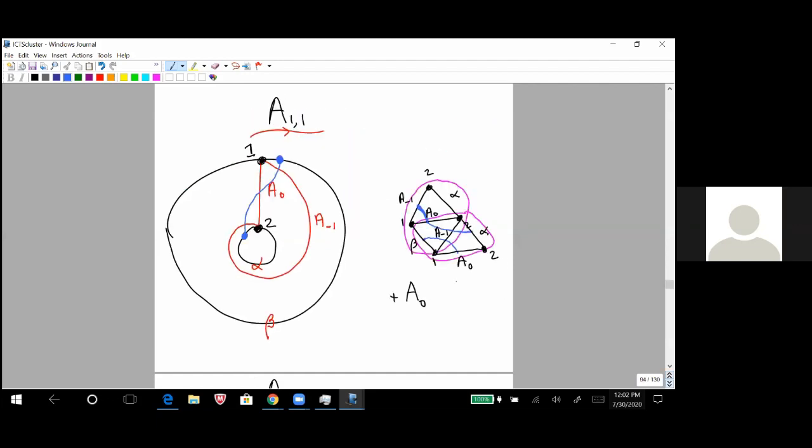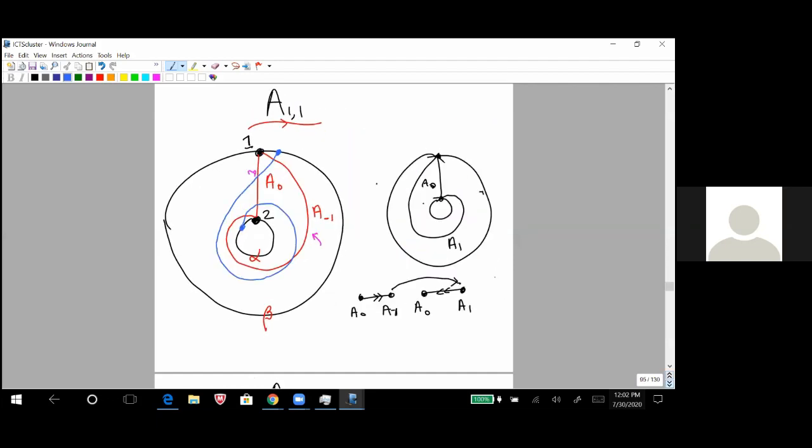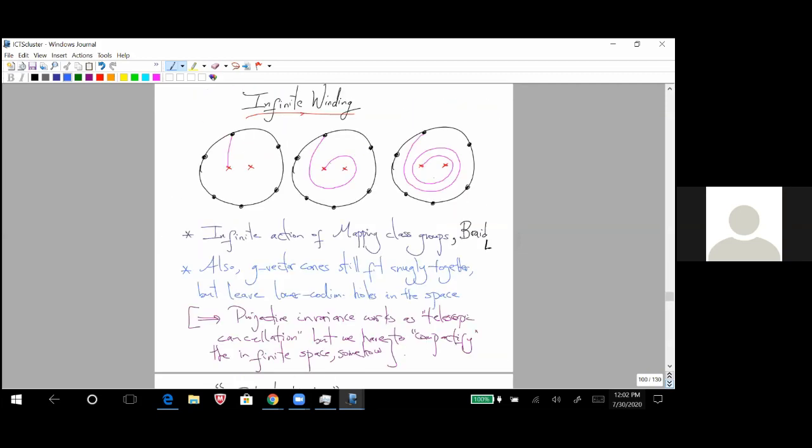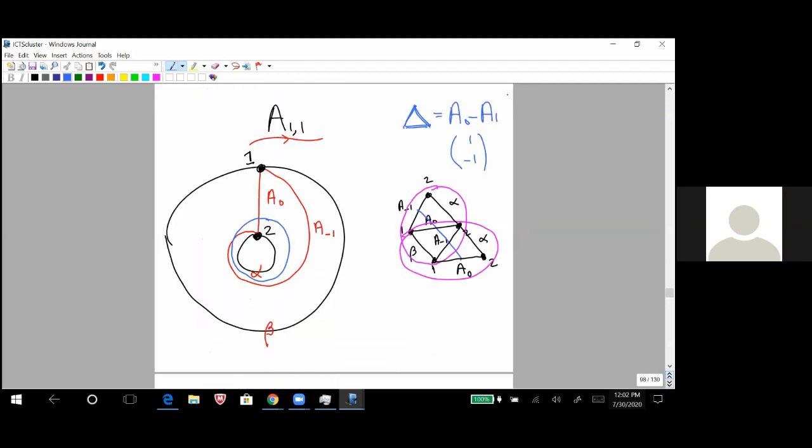Okay, sorry. Delta is a0 minus a1, and it's this vector.